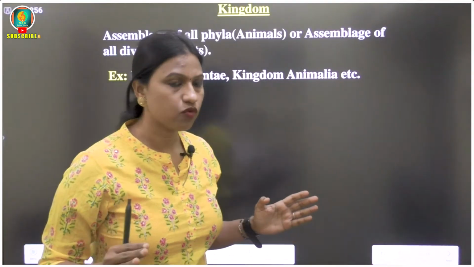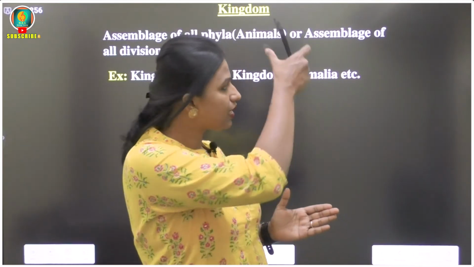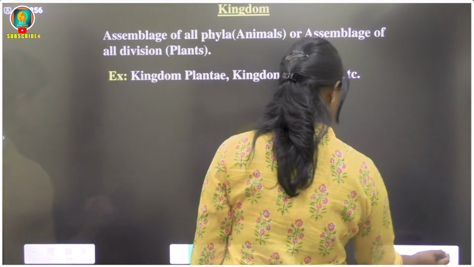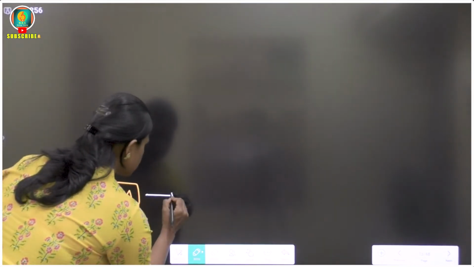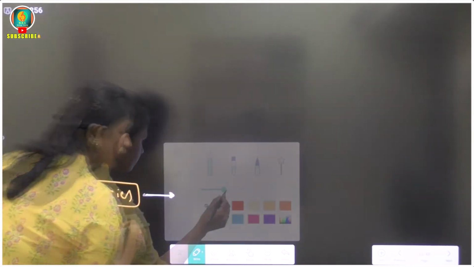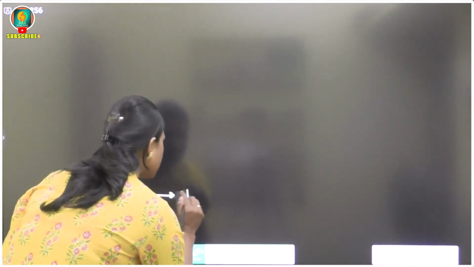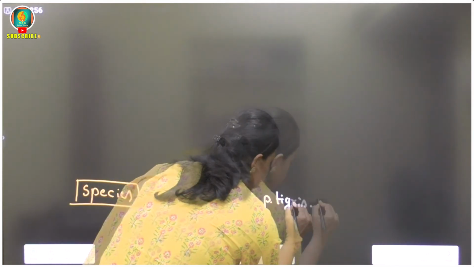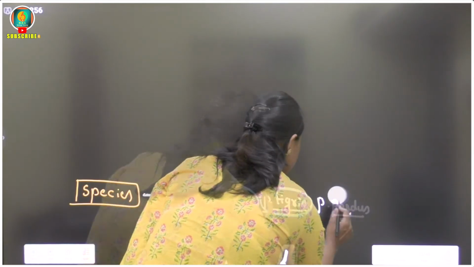Okay? So till now, what we have understood about this category, let us summarize together and let me write with an example what we have read till now. Let me begin from the species. Here NCERT has given the examples: Panthera leo, Panthera tigris, Panthera pardus.